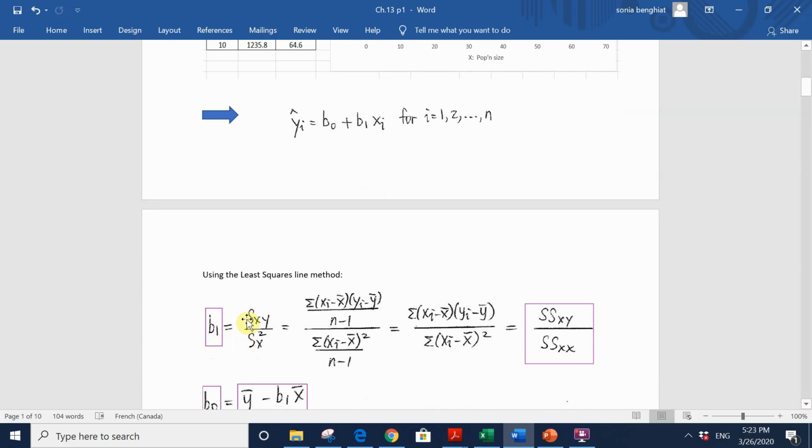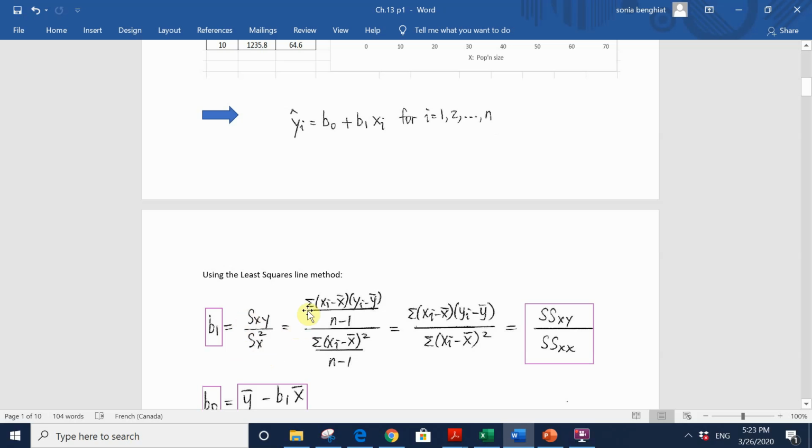B1 here is the covariance of X and Y divided by the sample variance of X, right? So B1 is the ratio of the sample covariance of X and Y to the sample variance of X.